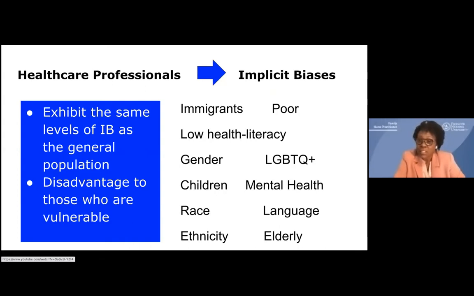Our LGBTQ plus community, men, women, those with mental health concerns or conditions. Dr. Arterberry just shared individuals where English is a second language. The elderly, of course, we've talked a little bit about race and ethnicity, immigrants, and our children. So everyone is impacted by implicit bias.